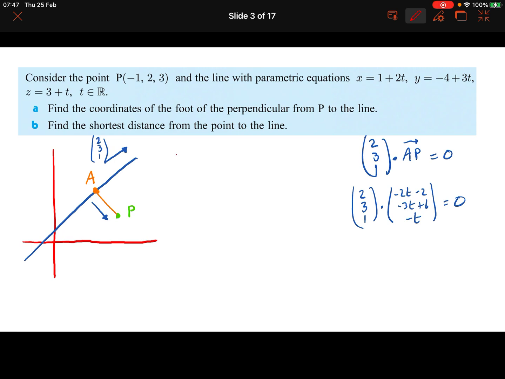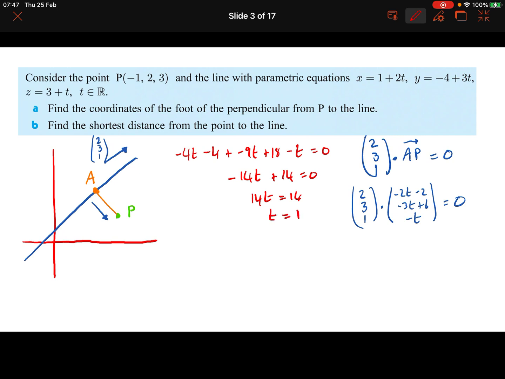That's negative 4t minus 4, plus negative 9t plus 18, and then plus negative t is equal to 0. So we now have an equation in t that we can solve. It's going to be negative 14t plus 14 equals 0. So 14t equals 14, t equals 1.